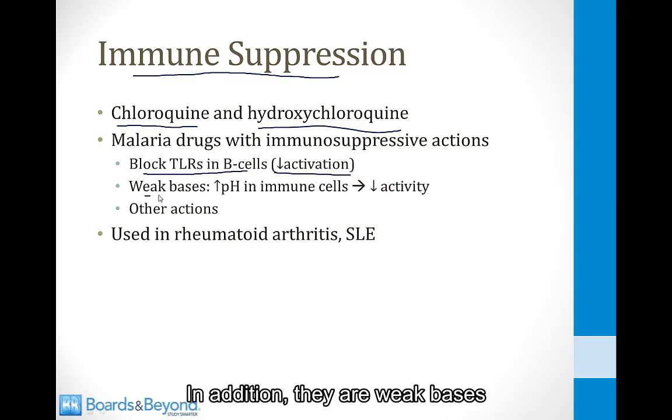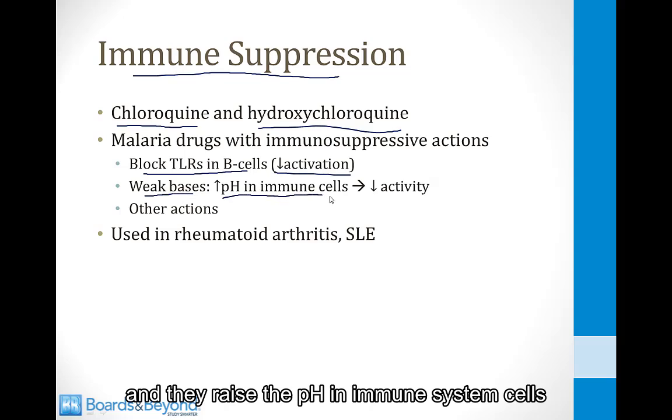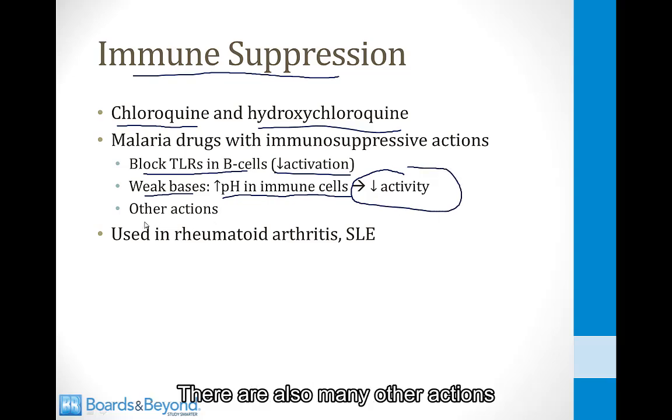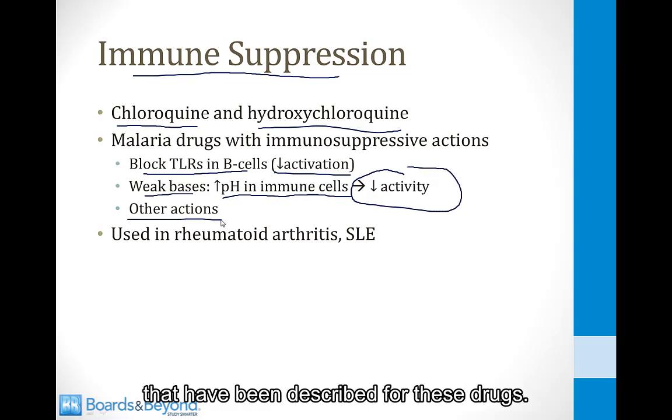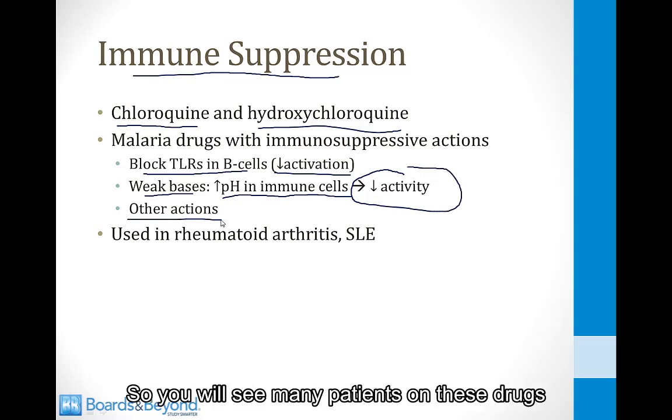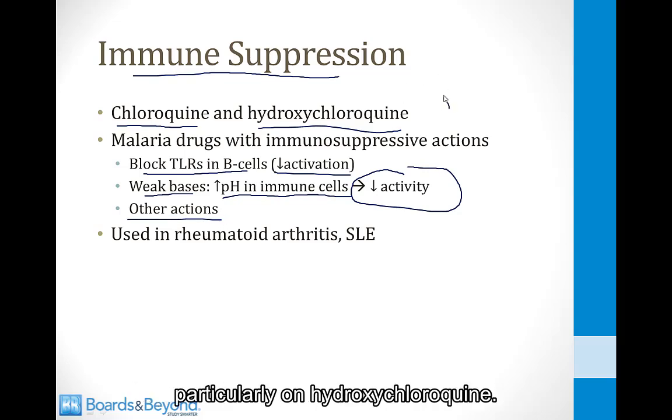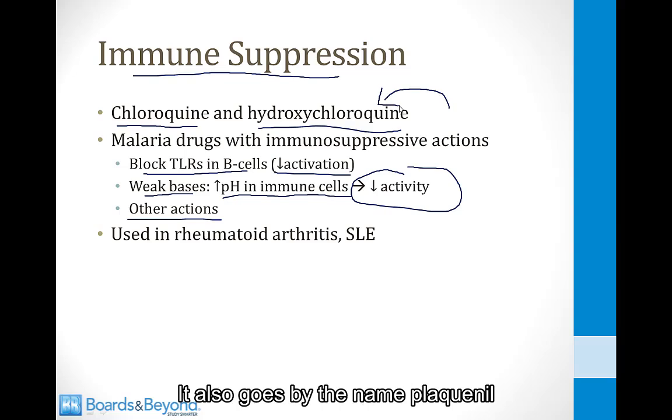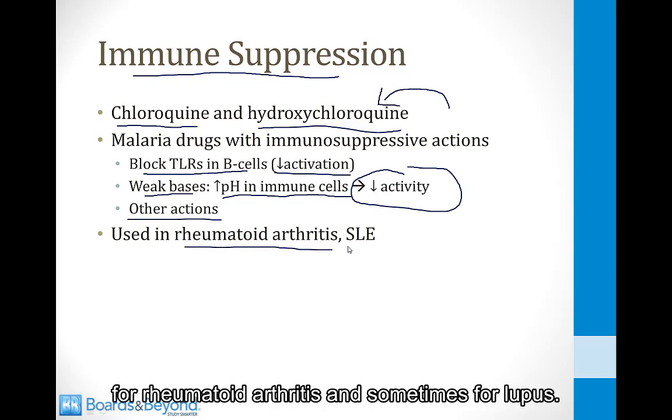In addition, they are weak bases, and they raise the pH in immune system cells, and it's believed that this makes them less active. There are also many other actions that have been described for these drugs. So you will see many patients on these drugs, particularly on hydroxychloroquine. It also goes by the name Plaquenil, and you will see patients taking that for rheumatoid arthritis and sometimes for lupus.